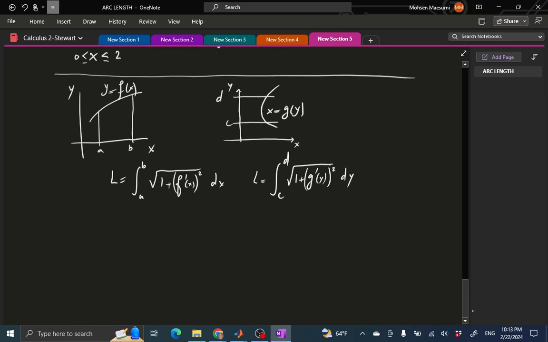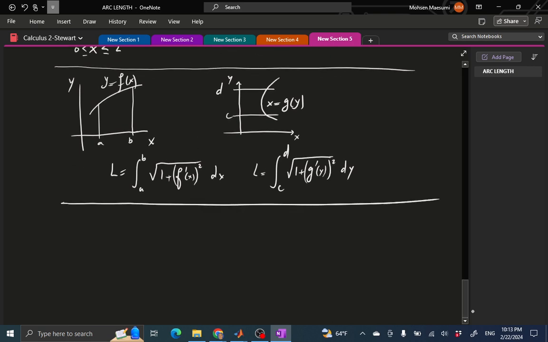Let's also do an example of a curve length function. So sometimes we are asked to develop a function that calculates arc length for a variable endpoint. What do we mean by that?